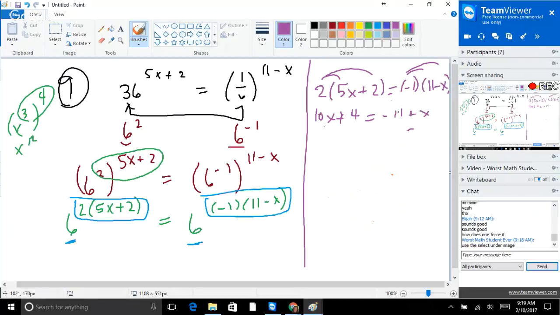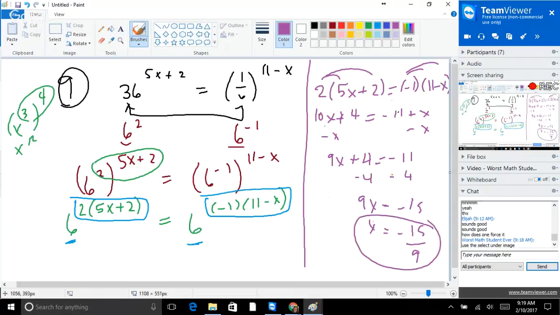I'm going to subtract x from both sides, and I get 9x plus 4 equals negative 11. Subtract 4 from both sides, and I end up with 9x equals negative 15, or x equals negative 15 over 9. So hopefully I did that right. Let's double check. You guys should be checking me.